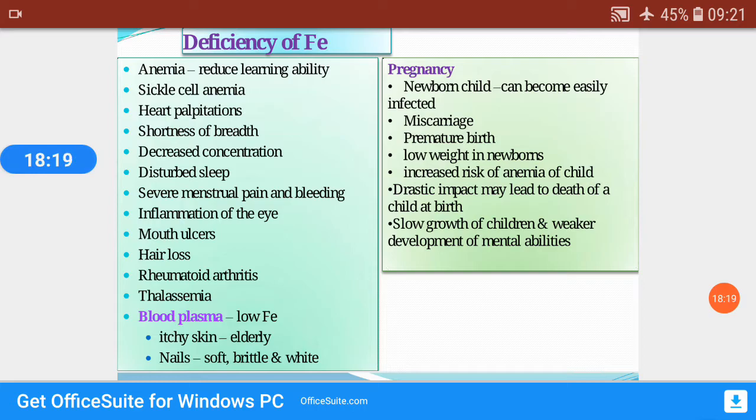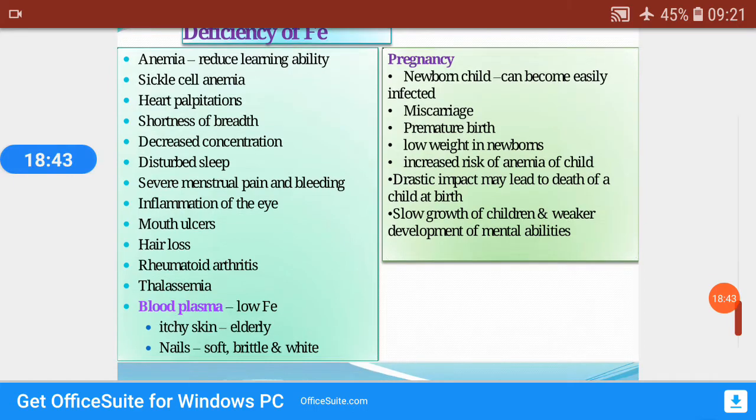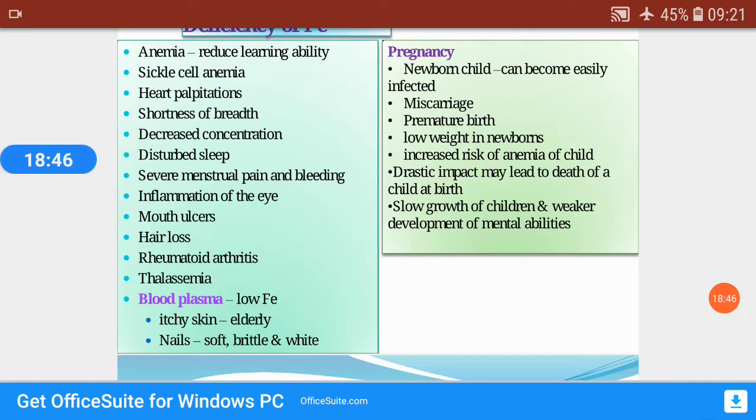So heart palpitations, shortness of breath, decreased concentration, disturbed sleep, severe menstrual pain and bleeding in case of women, inflammations of the eye, mouth ulcers, hair loss, etc. And if the iron content is very low in blood plasma, that causes itching in the skin, especially in elders.